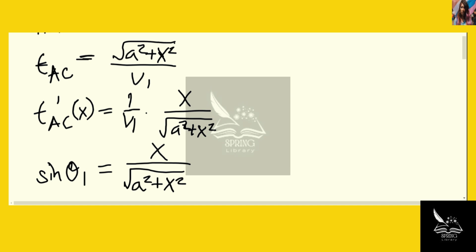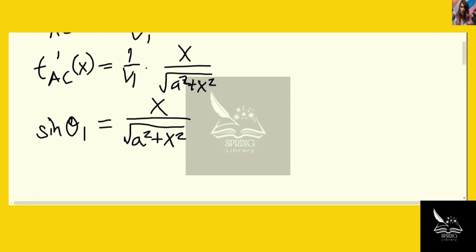Now I'll plug sine of theta 1 into t prime of AC. So t prime of AC of x is actually equal to 1 over v1 times the sine of theta 1, which you have to remember in this case, theta is a function of x.